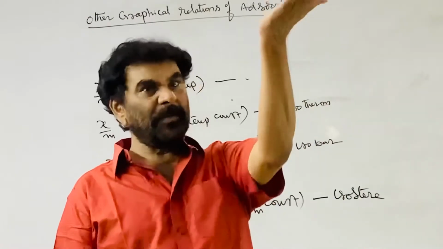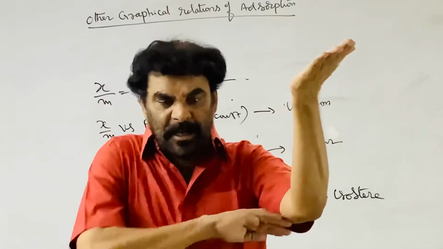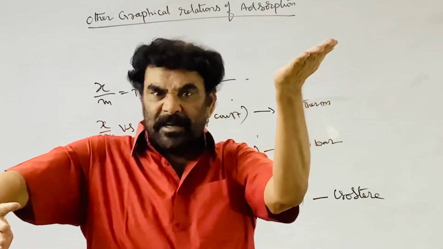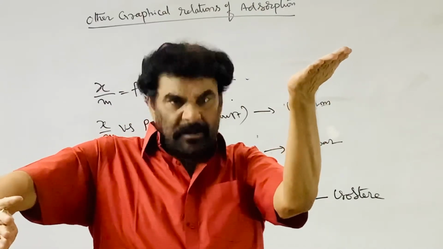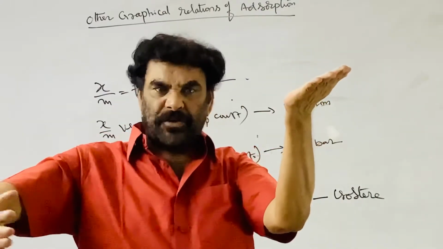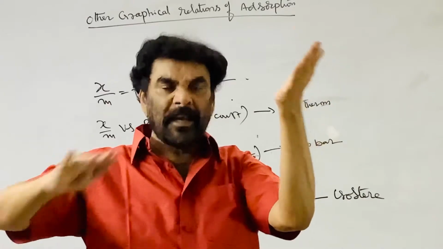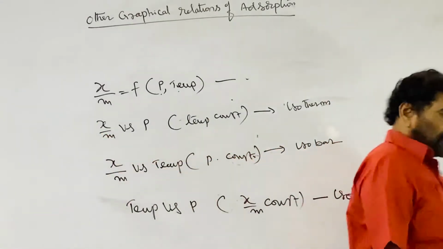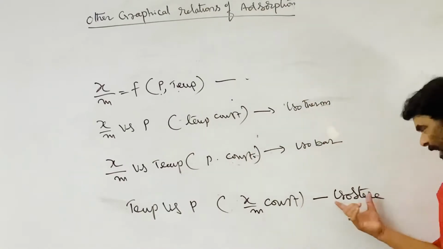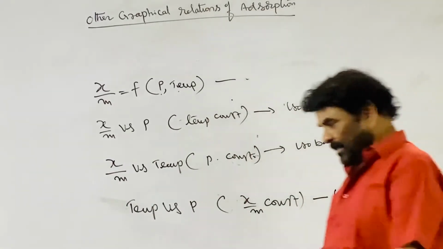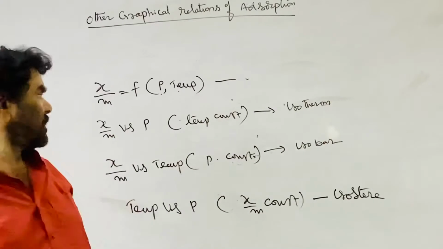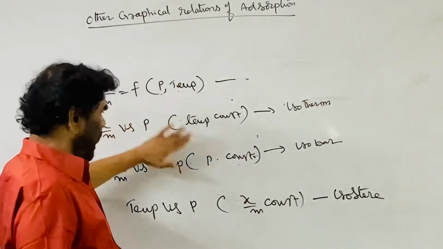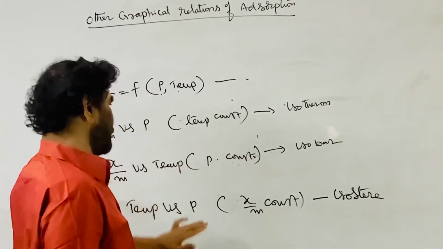You increase the temperature, extent of adsorption decreases. So in order to maintain the same extent of adsorption, increase the pressure. This relation is called adsorption isosteric. Now we have to consider the isobar and isosteric.